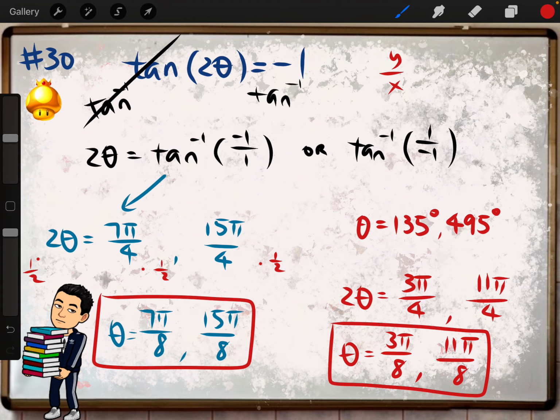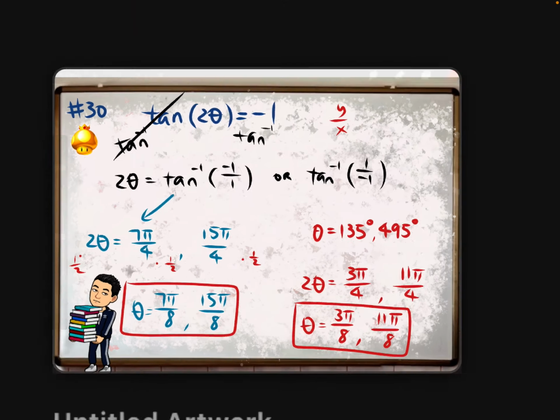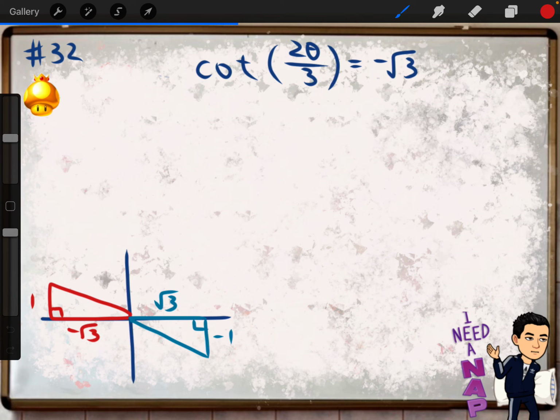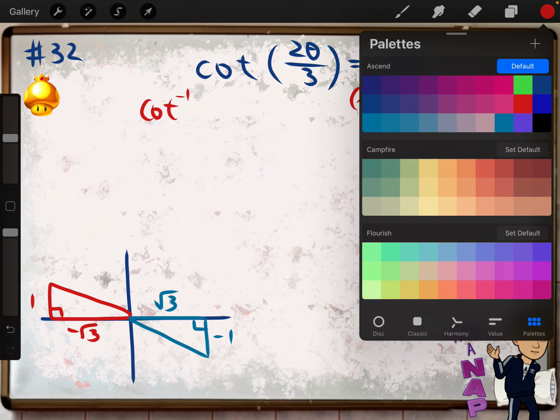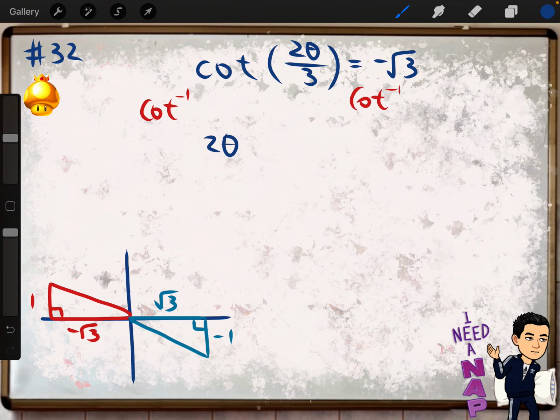Okay, so let's go ahead and do the next one. Another mushroom. We're going to do the inverse first, so inverse of cotangent. This gives me 2 theta over 3 equals inverse cotangent of negative rad 3 over 1.